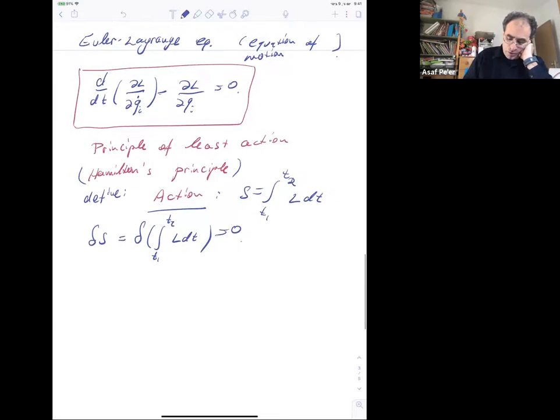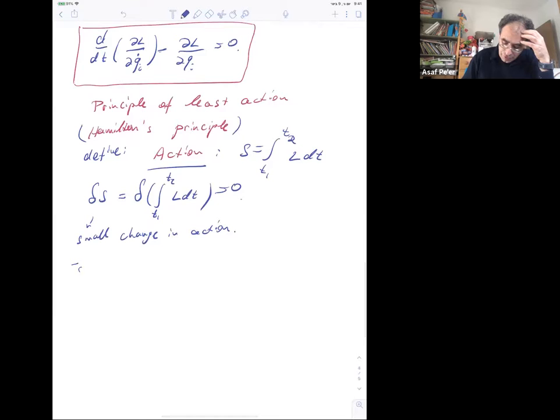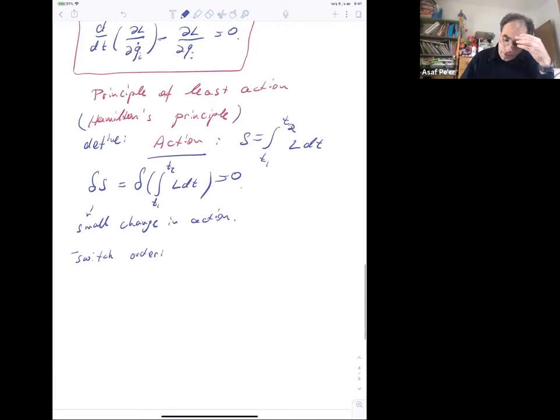So delta S, this is a small change in action, meaning that the action needs to be at a minimum, right? Now the proof of that is quite straightforward, right? So if we switch the order of the integral and derivative, we get that the integral from t1 to t2 of delta L dt is equal to 0, right?